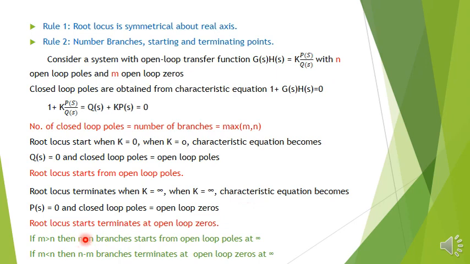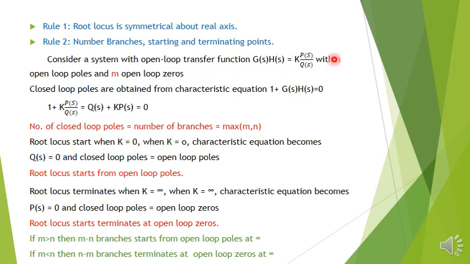So m minus n branches start from open loop poles at infinity. Got it? So if m is larger, the total number of branches is m, but the starting points are only n open loop poles, and m minus n branches start from infinity.